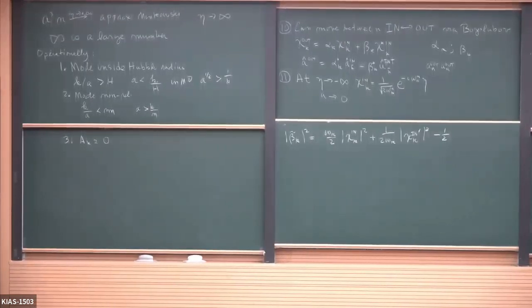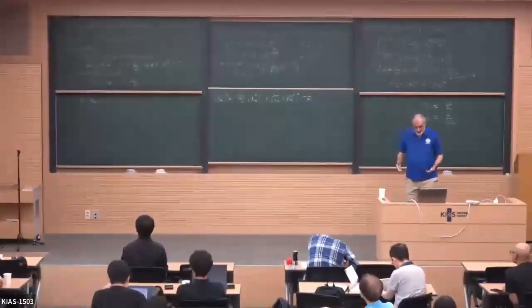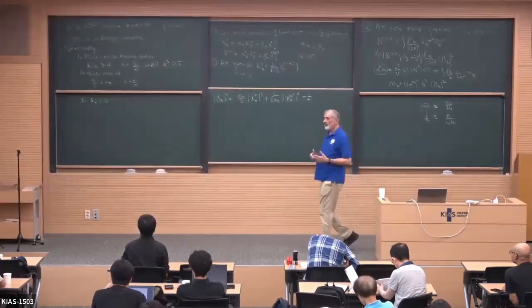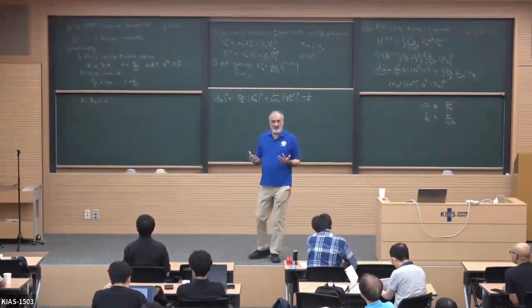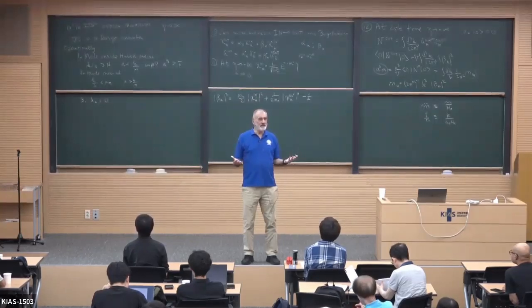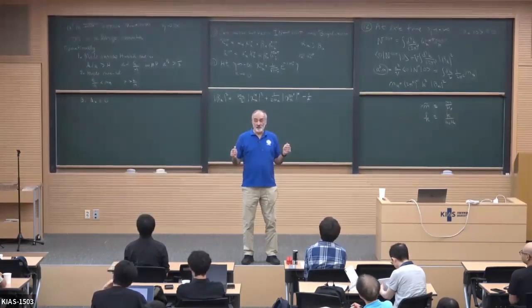Okay, so let's break now. When we come back, I'll talk about the stress energy tensor. And when I calculate the energy density naively, you should be able to immediately tell me what the answer will be. Remember, this is quantum field theory.